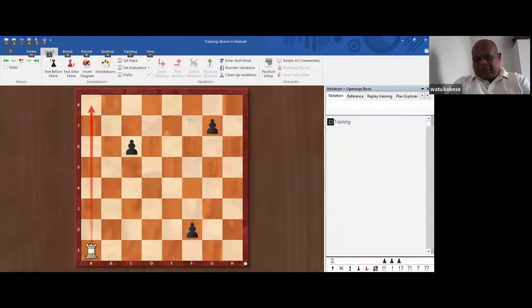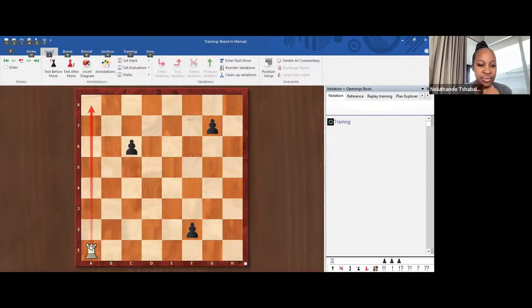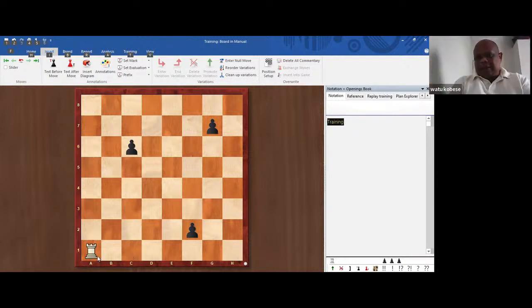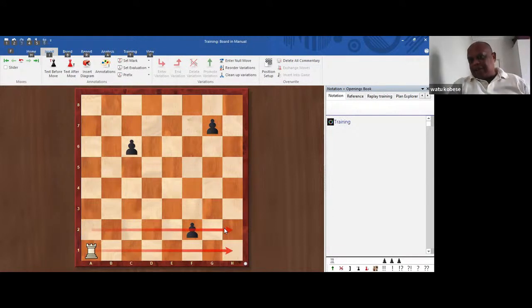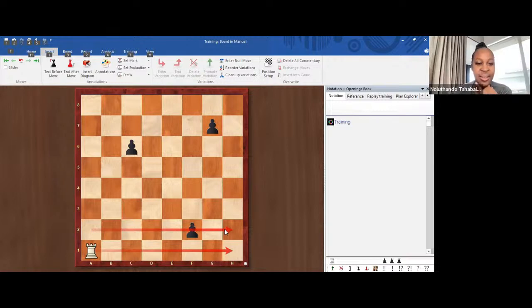And then we've got the B file, the C file, all the way up to the H file. And then we've got 8 ranks as well. This is the first rank. This is the second rank, all the way to the 8th rank. Now that's when you get to understand better the phrase, the rank and file. Right? Makes sense. Yeah. Exactly.